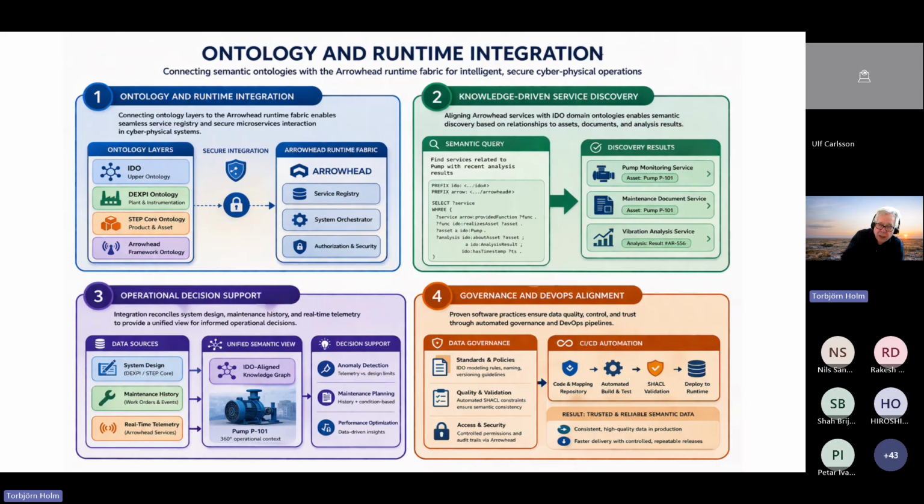We can check sensor readings of a sensor. We could figure out, okay, the sensor is located there, but what is it really measuring? And we can do assessments of what to do and so on. That makes it possible to do operational decision support. Decision support is what's really needed.